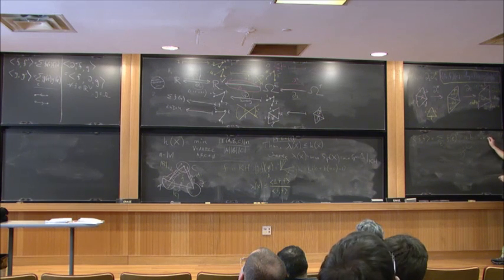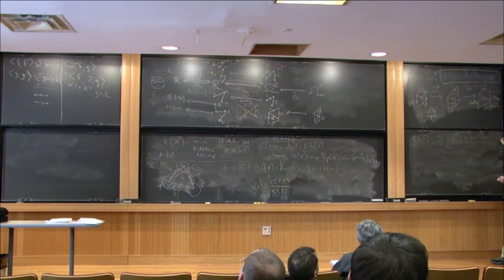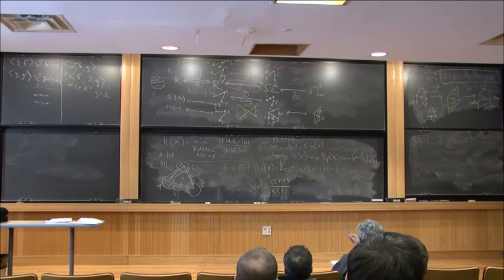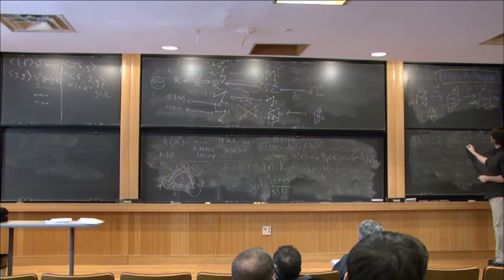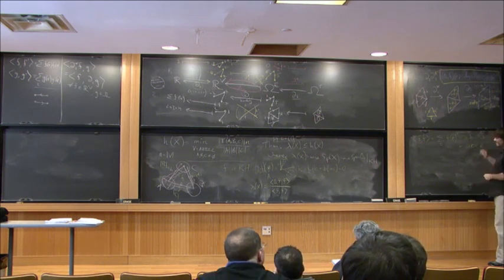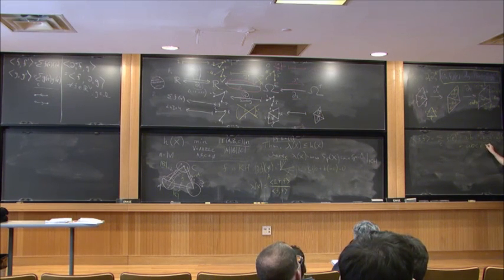And B, C, A squared, and A, C, B squared. So I get here A, B, C times N. I'm sorry, N. But you were very close.